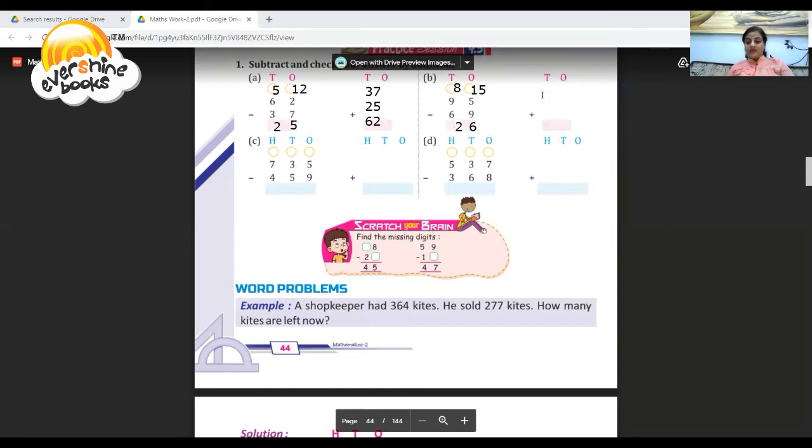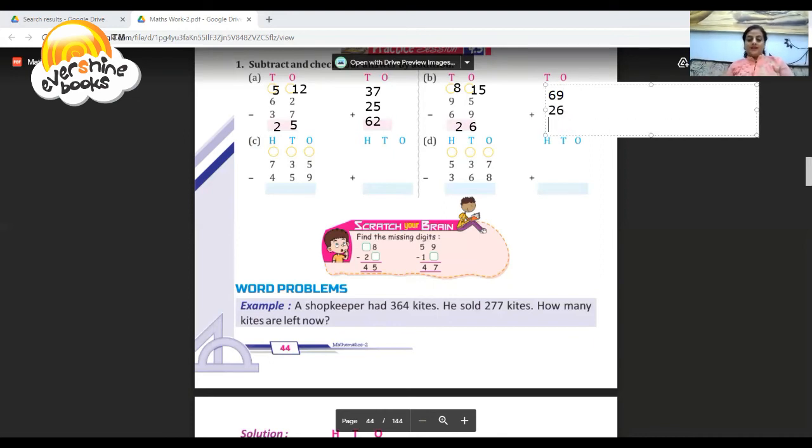What are we going to write here? We are going to write the minuend. The answer will be the minuend and we are going to write the subtrahend. It is 69 plus 26 will be 95. Isn't it interesting? Yes, it is very interesting.